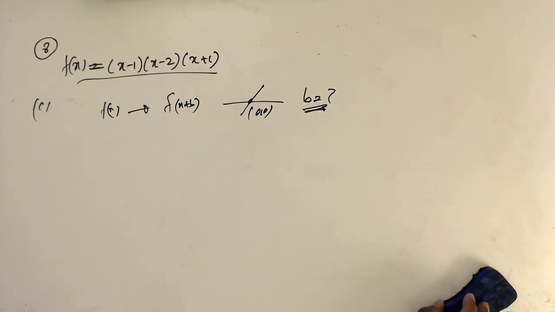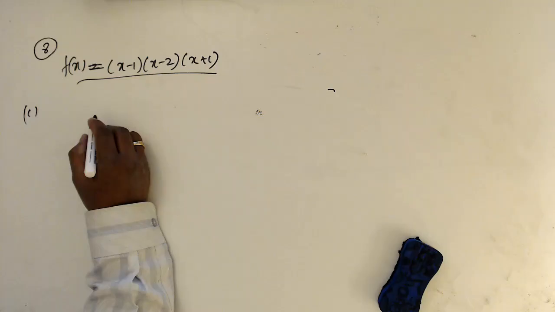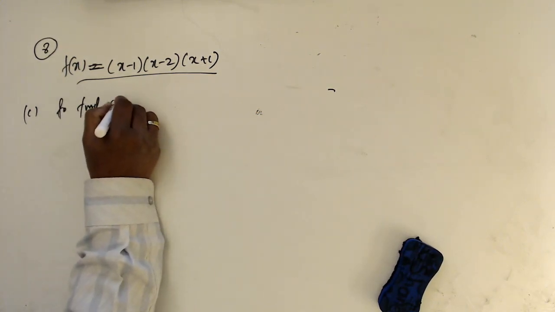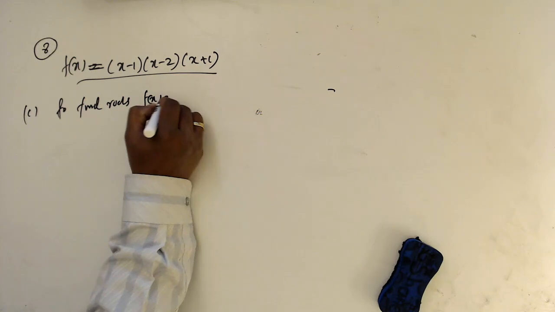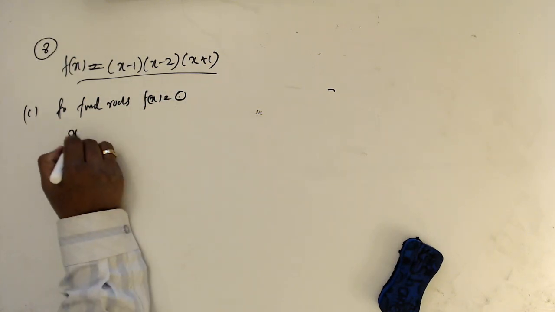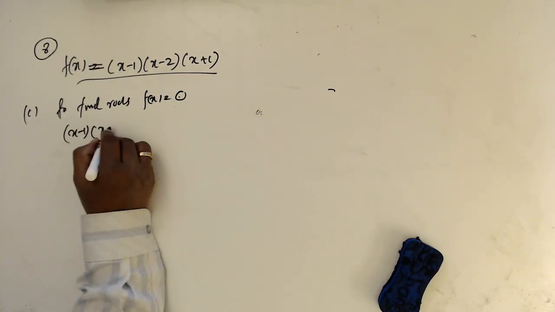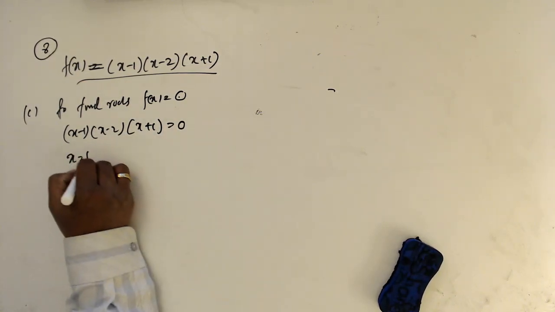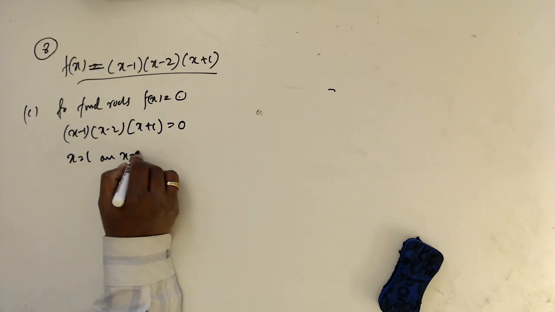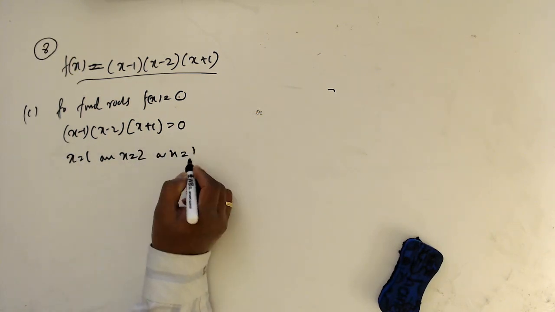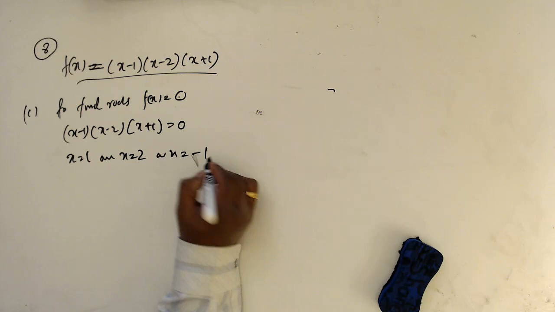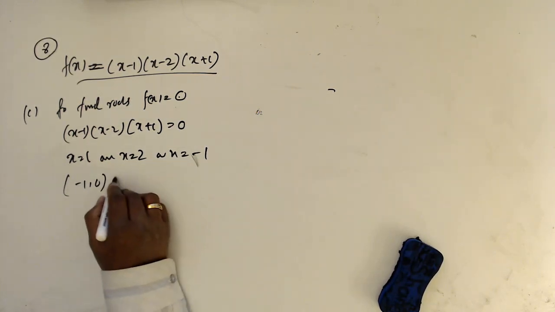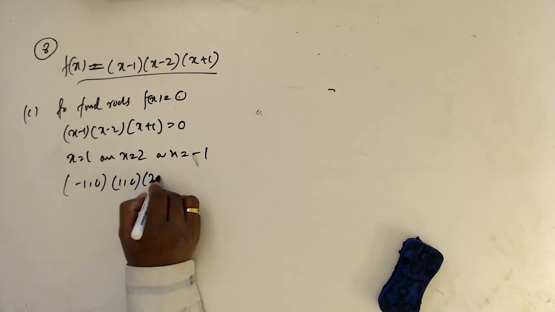So let me find the roots of f(x). To find the roots, f(x) equals 0, then (x - 1)(x - 2)(x + 1) equals 0, so x equals 1, x equals 2 or x equals -1. So the roots are (-1, 0), (1, 0), (2, 0).